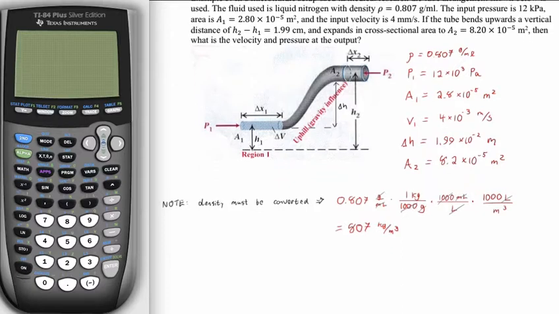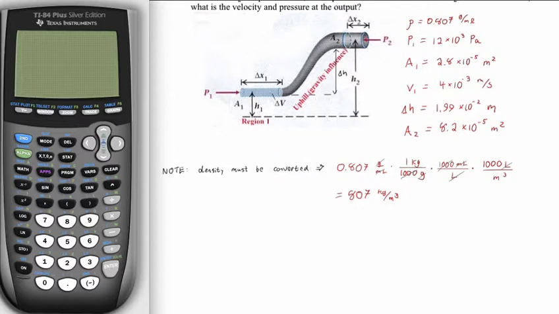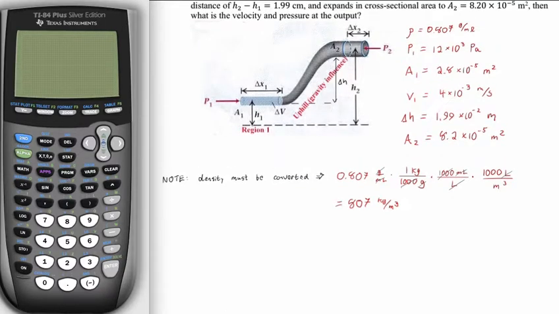Now that we're converted to SI units, we can set up our equations. To solve, we're going to use continuity and Bernoulli.